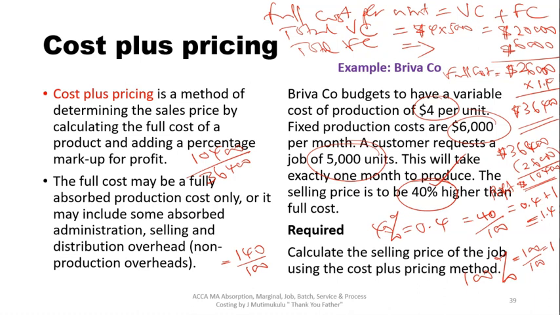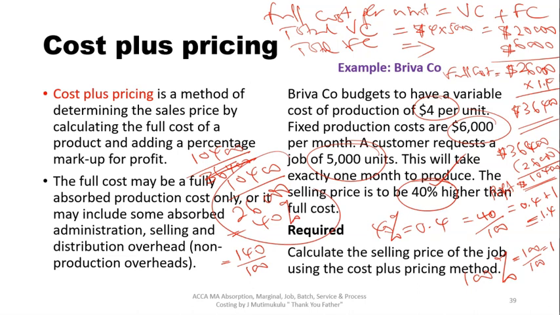Obviously, it's not. So we have used the wrong figure. We should actually have used 10,400 divided by 26,000. And this should actually give us the 40%. Yes, this gives us the 40%. So it should be 40% of the total cost.